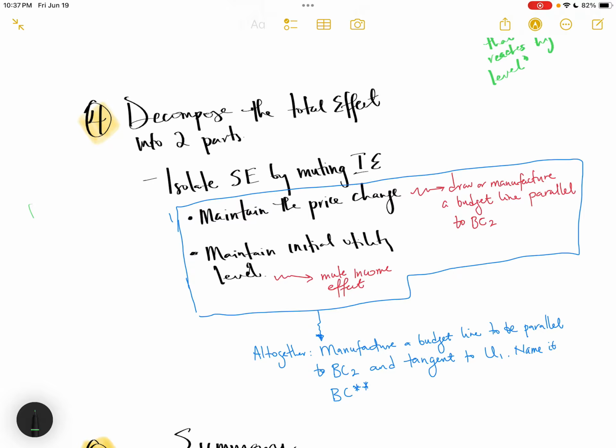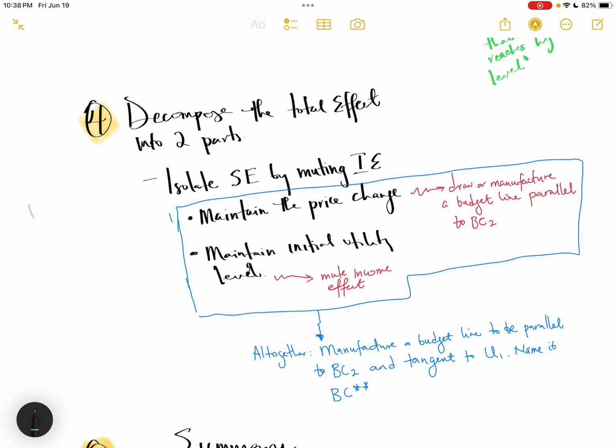To maintain the price change, we will draw or manufacture a budget line that is parallel to BC2. And we will take that parallel line and make it tangent to the initial utility level.